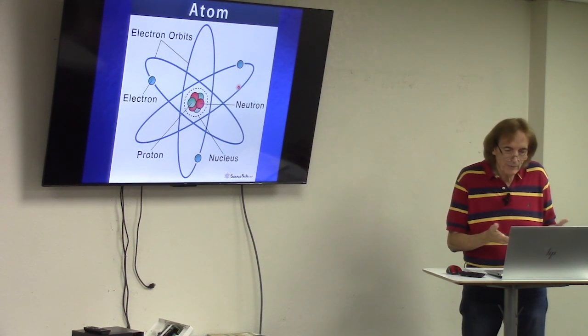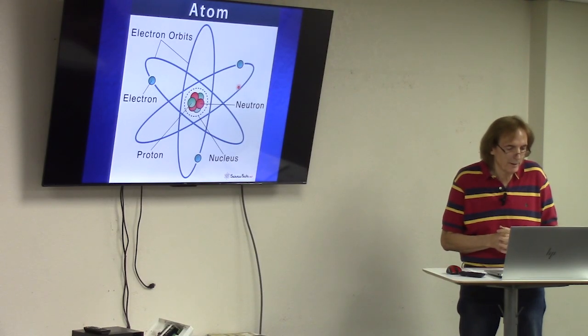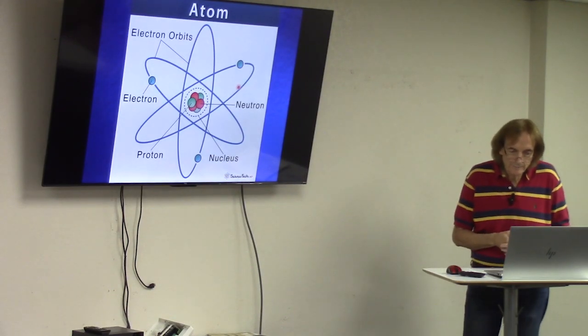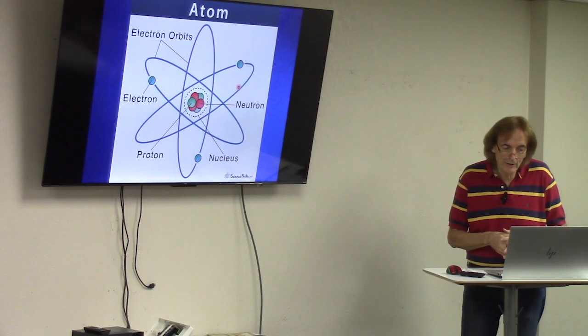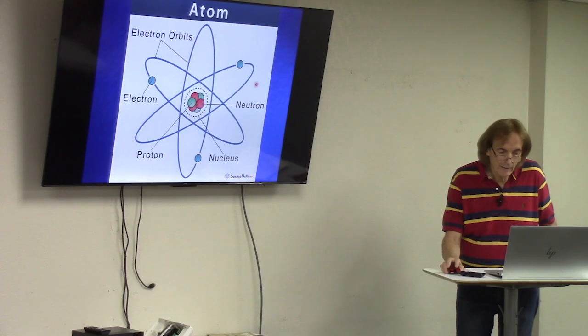For example, iron, the metal iron, has 26 protons in its nucleus, and that determines what's called its atomic number, which is 26. Ordinary atoms of an element also have the same number of electrons, so the iron would have 26 electrons circling around the atom.